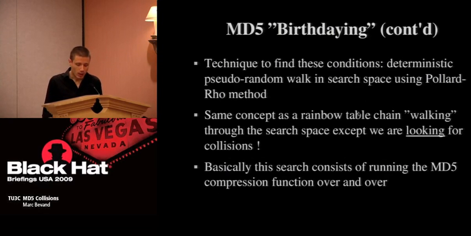But basically, the MD5 birthday stage consists of just brute forcing this small number of bytes that you append to the certificate to end up finding two states that can be used to build that collision.